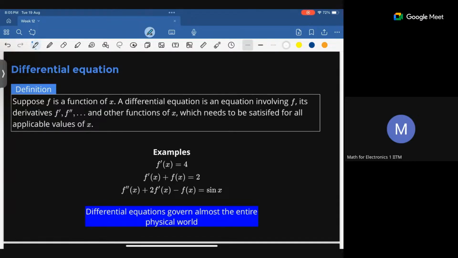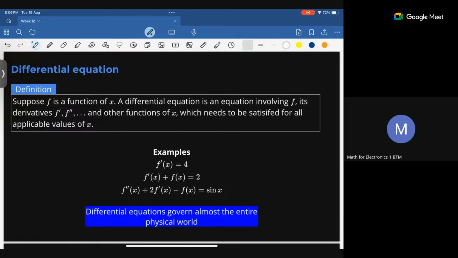Any equation that involves a function f and its derivatives, maybe f prime, f double prime, f triple prime, all the higher order derivatives, and some other functions of x, may not be f, some other functions of x. Overall, an equation is formed using all these things.